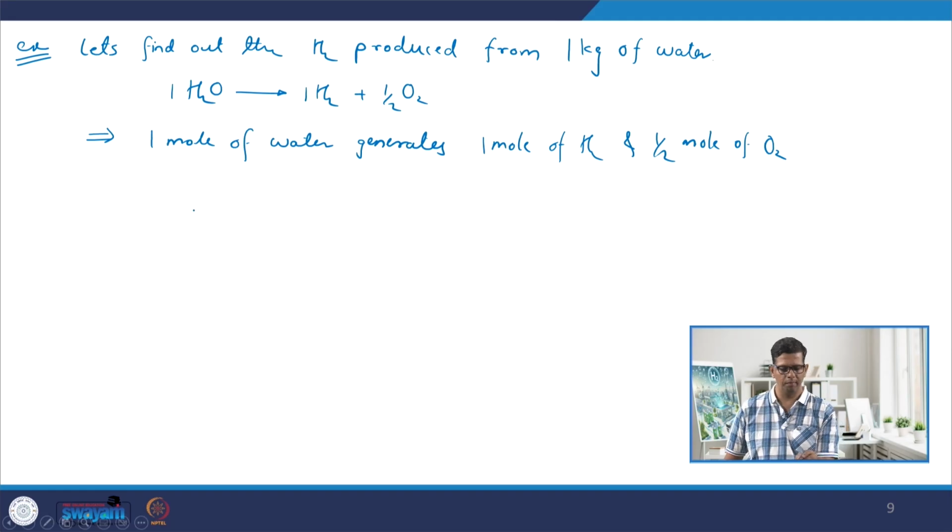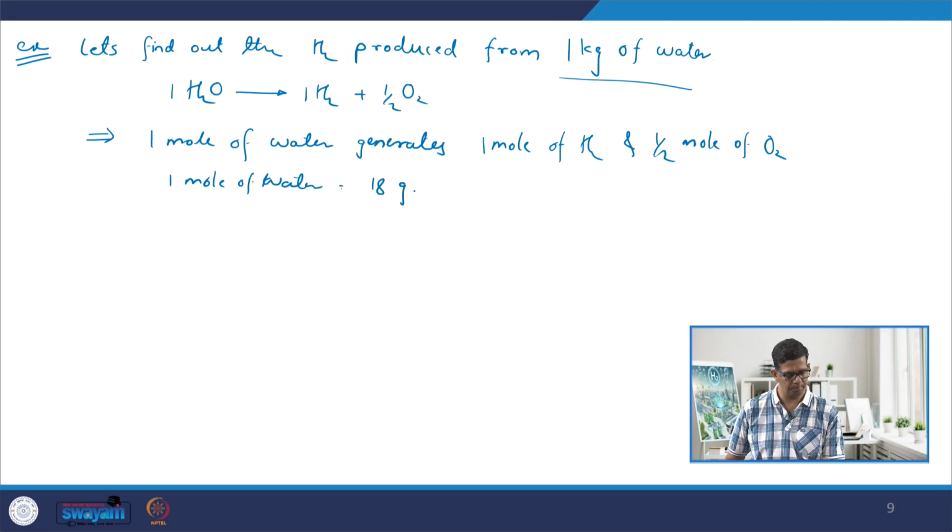So we have been given 1 kg of water, so that means 1000 grams, and we know 1 mole of water is nothing but 18 grams. So let's find out how many moles of water are there in 1 kg of water.